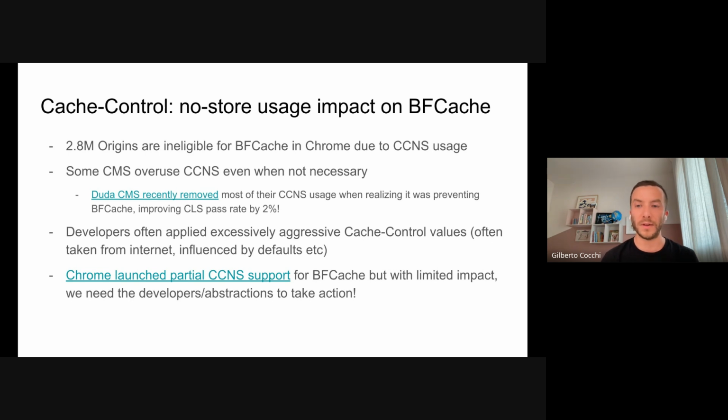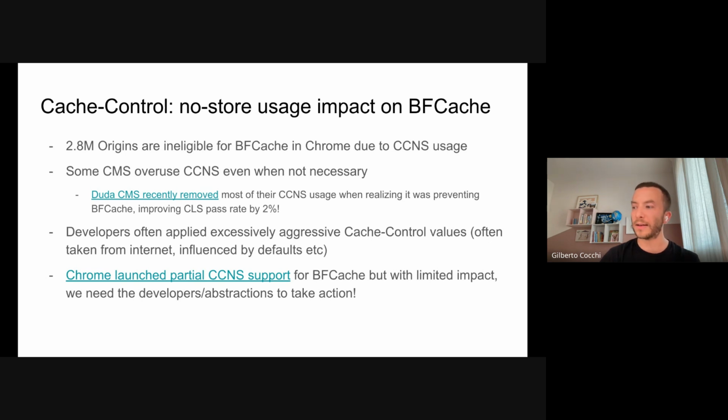And this simple Cache-Control header value used to completely prevent BFCache on Chrome. So we realized the opportunity is big. We put in some effort, and we had partial support for BFCache in Chrome this year, which was great, but unfortunately, for many reasons, like sensitive data, it had a limited impact on the number of origins.